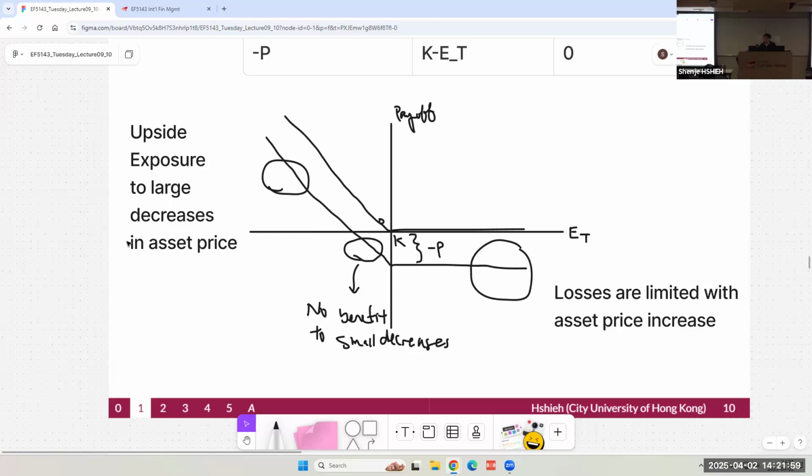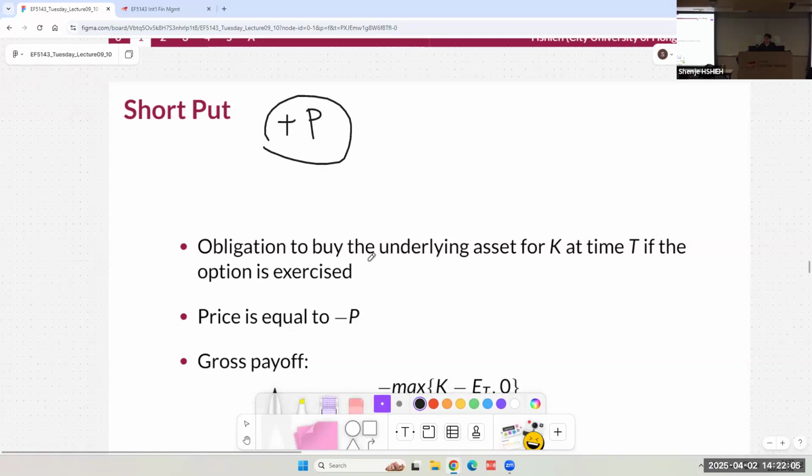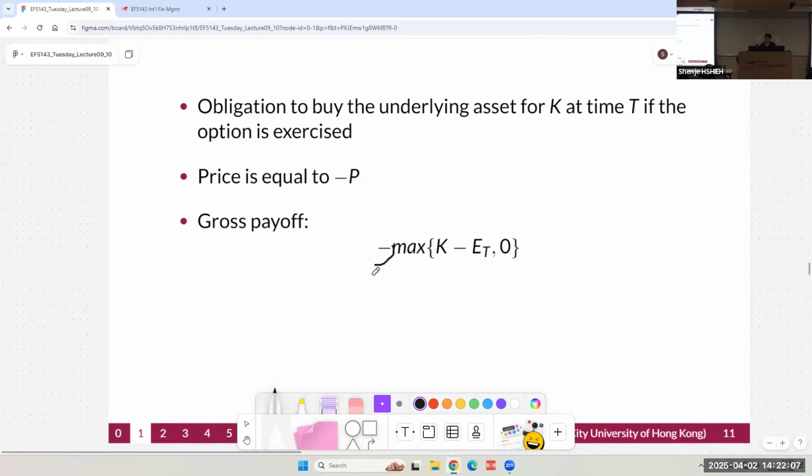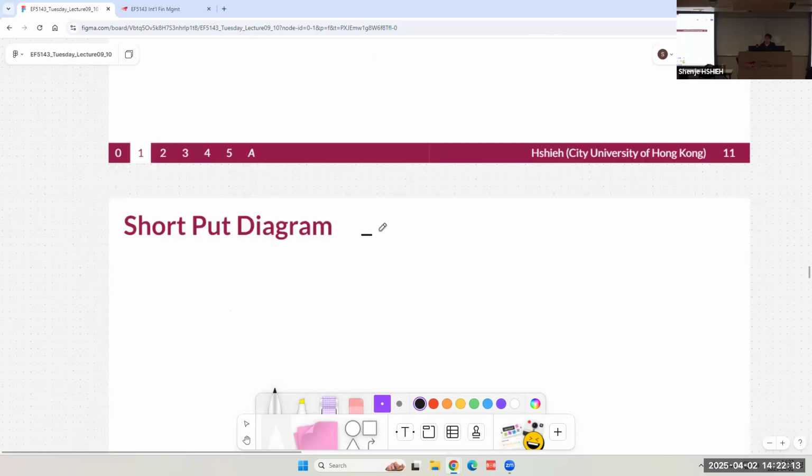All right, last one. For short put, you get money for selling something. Your payoff therefore is just minus the long position. So the put diagram would look like this.